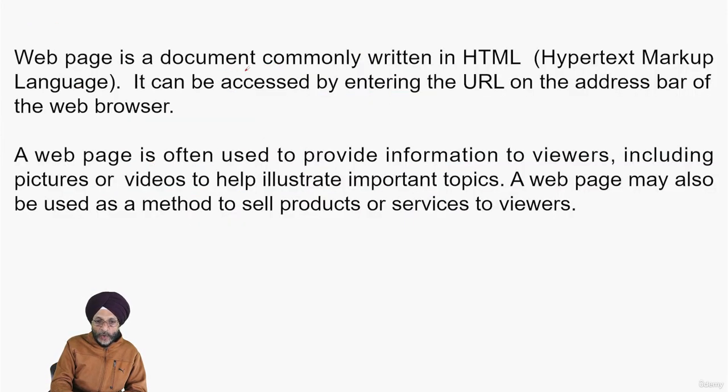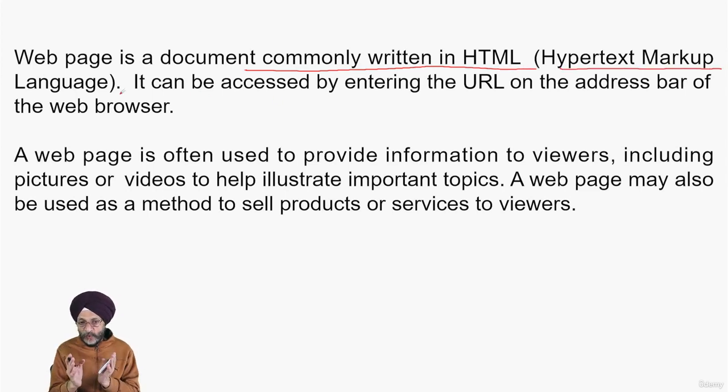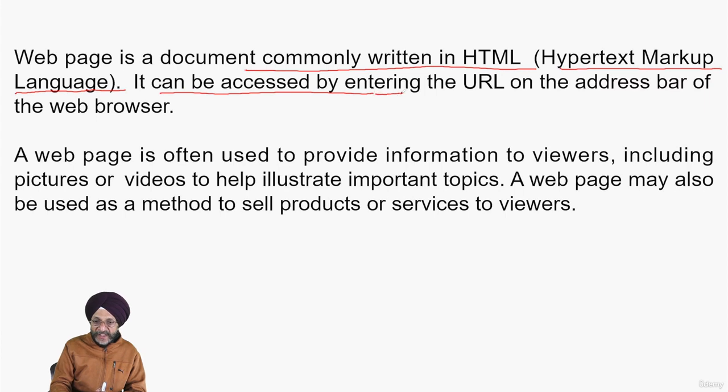A web page is a document commonly written in HTML. There may be a question in the exam, what is the full form of HTML? The answer is Hypertext Markup Language. A web page can be accessed by entering the URL in the address bar of the web browser.